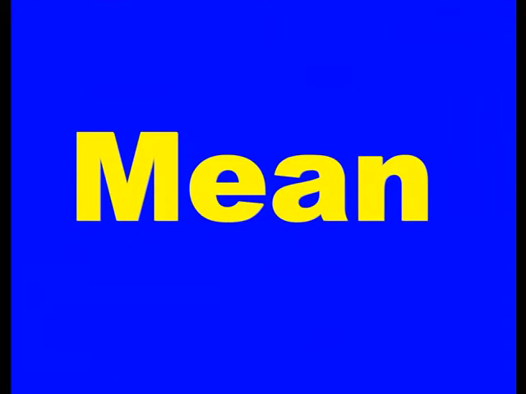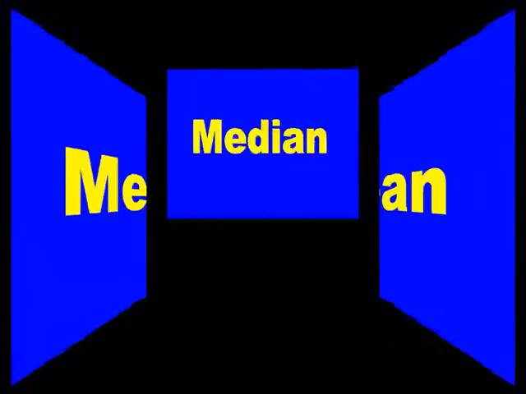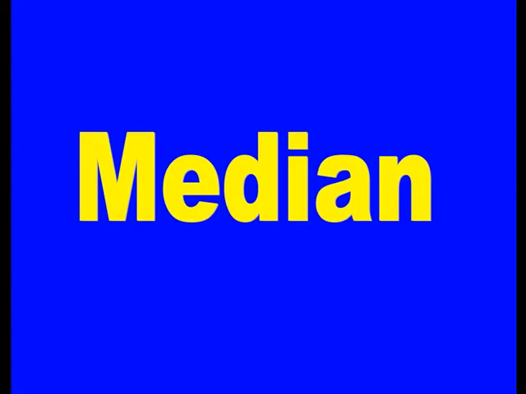Mean. The mean or average is calculated by adding all the numbers in the data set and then dividing by the number of values in the set. Median. When the data set is arranged from least to greatest or from greatest to least, the median is the middle value.